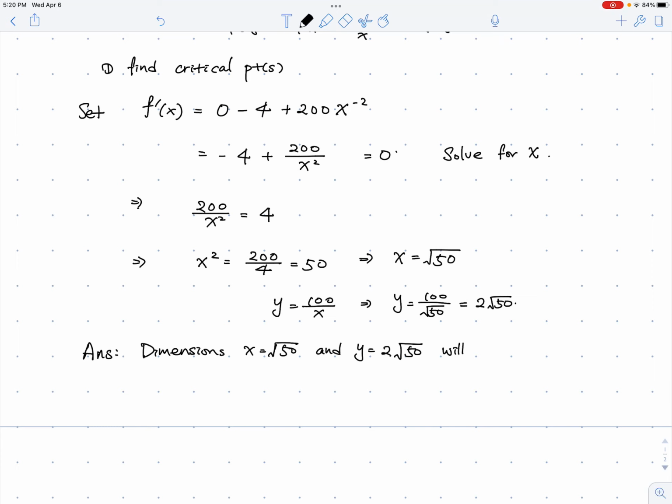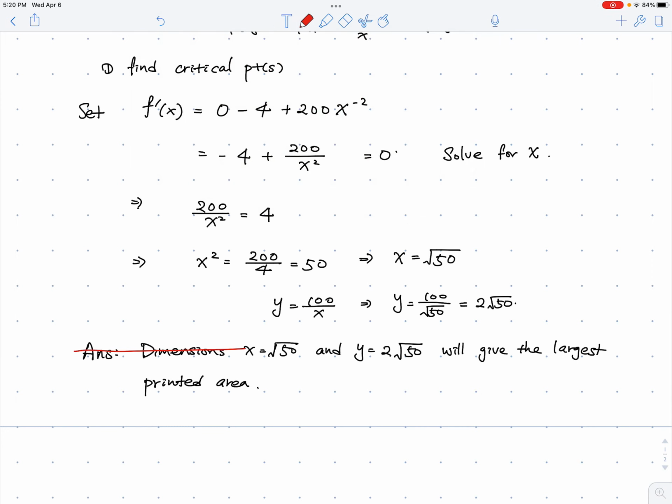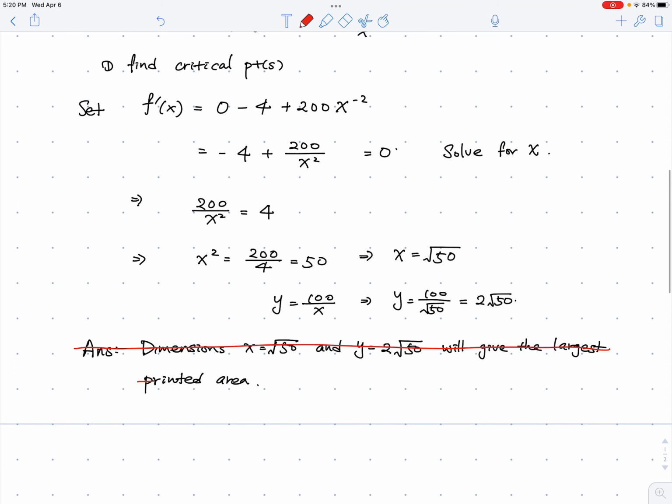Oops, I almost want to say will give the largest printed area. Okay, but we have to hold on to this, so this is a common mistake.